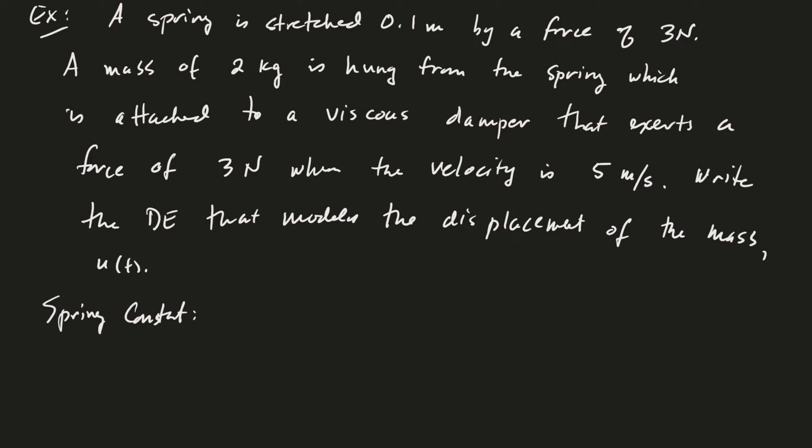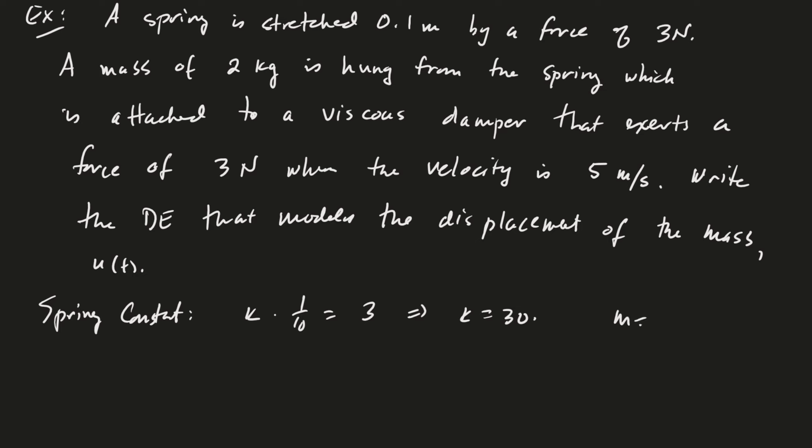We're just given the stretching and a force, right? So that just says that k times 1/10 is equal to 3, and so therefore k equals 30. That's pretty straightforward. Good. We also notice that the mass is going to be 2 kilograms.